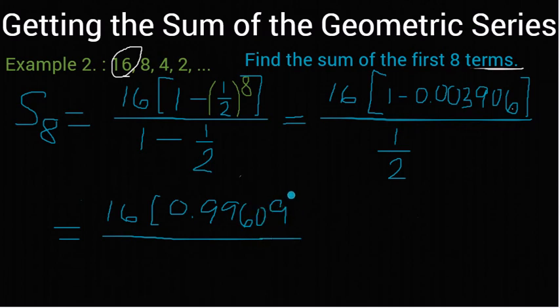You need to limit the digits, that's okay. And then we have this divided by 1/2.